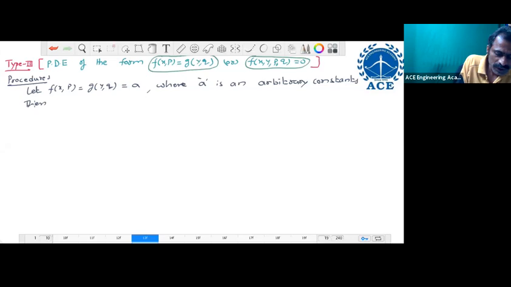Then separate both. f of x comma p equal to a, and g of y comma q equal to a. We solve these two for p and q in terms of other terms.